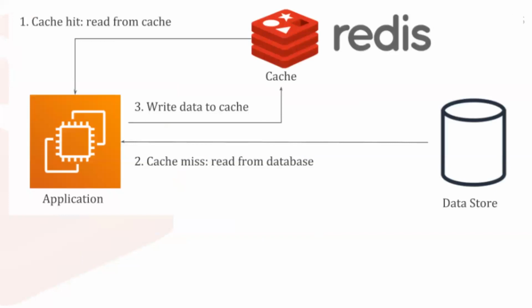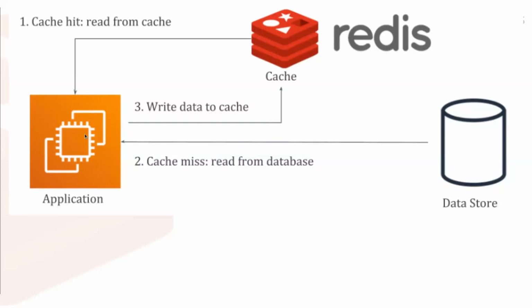When I said we can use Redis for cache, this is the workflow. It's a general cache system. We have an application and we have a data store, which may be a database or any other data store. Some data we may be using frequently, so those data we can cache in Redis.